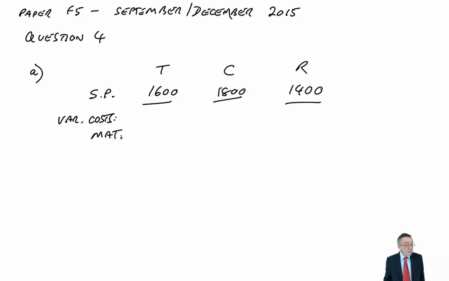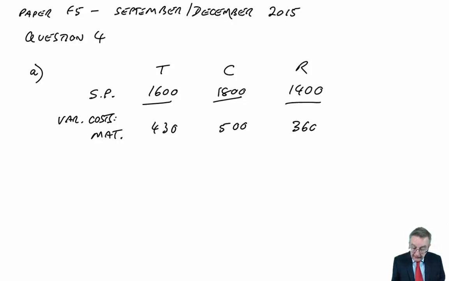Well, material, you certainly expect to be variable: 430 a unit, 500, 360. Labour, had they not said anything, I would of course have expected that to be variable, but there was that line below. Labour costs are 60% fixed and 40% variable.